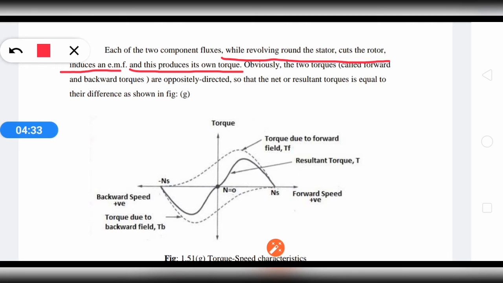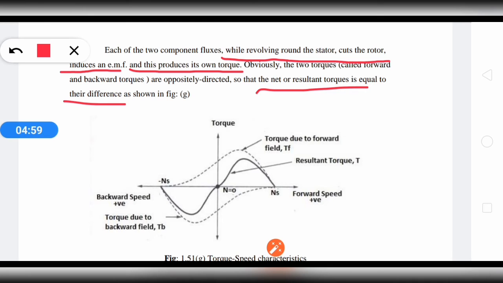Obviously the two torques are oppositely directed, so the net resultant is equal to their difference. So we have two torques, one forward torque and the other backward torque.